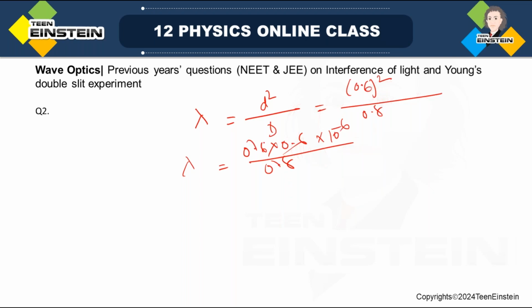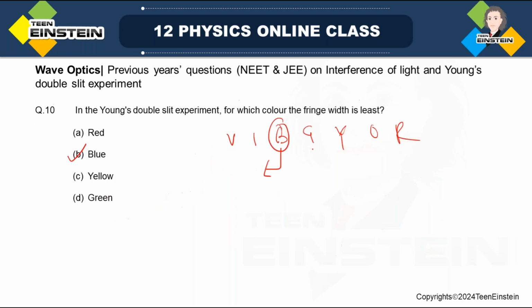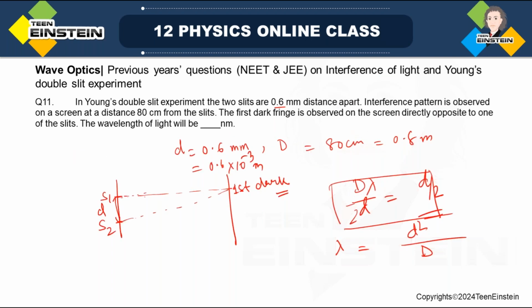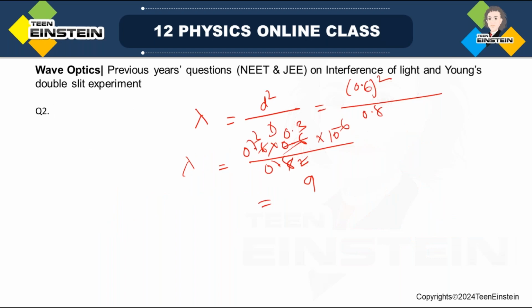So 0.3, so 0.9, this is 10 to the minus 6.